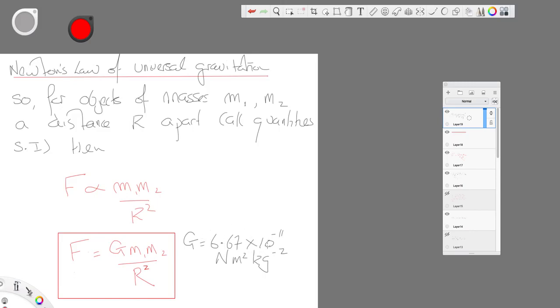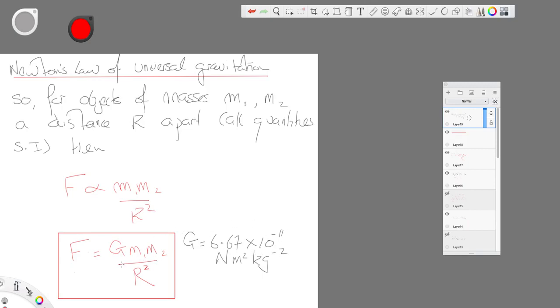The size of the force between unit charges and unit masses, the same distance apart, is very, very different. So, this is a relationship that you need to be able to apply. You need to appreciate the significance of this value. You don't have to remember it, it's given to you on the data sheet, but you do need to understand the significance of it.